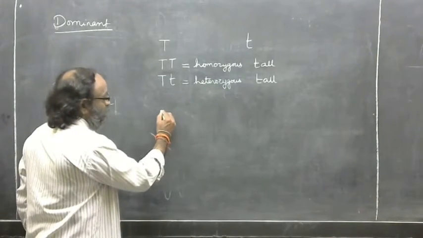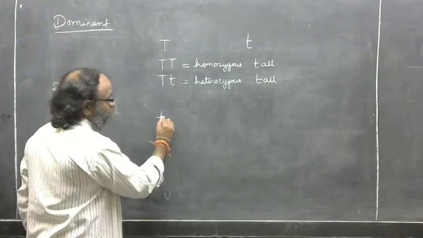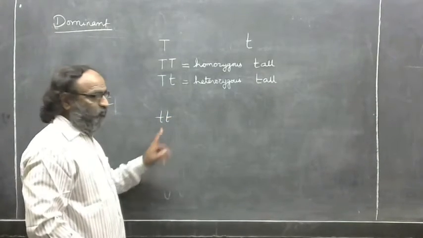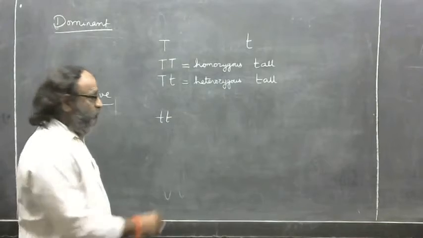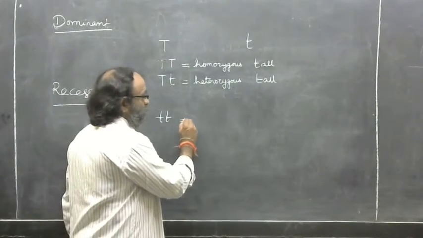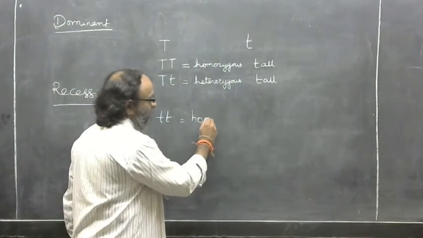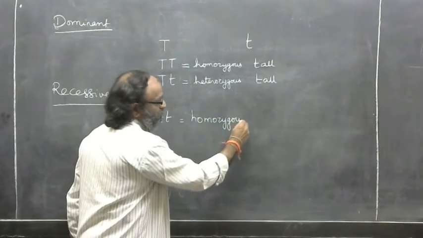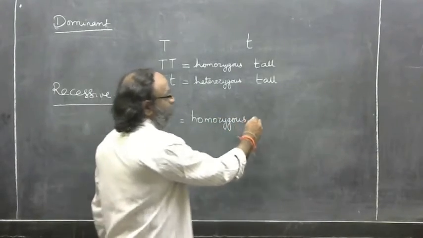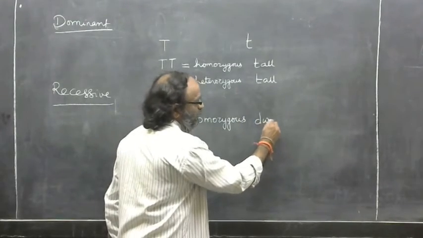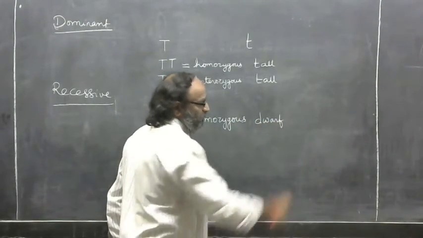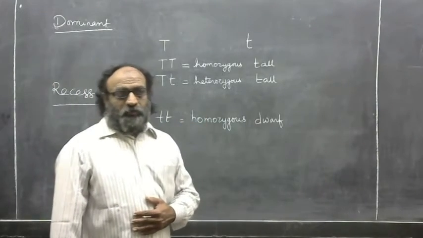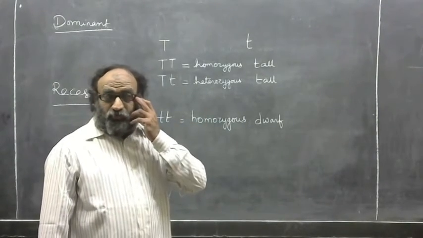If I write small t small t, both are identical genes of an allele. The small t small t are homozygous dwarf. Small t represents short stature or dwarf condition.